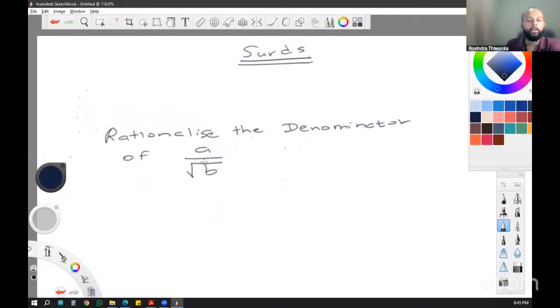Rationalize the denominator of a over square root b. So this is a command. We can take a general value, a general number, right? This a and b can be any number from 0 to infinity.